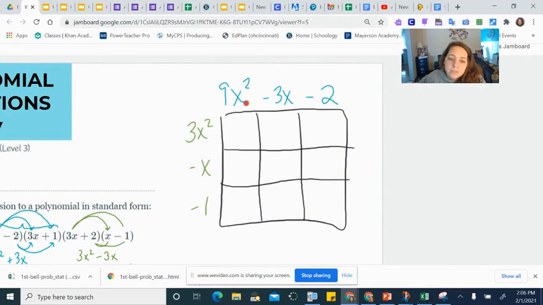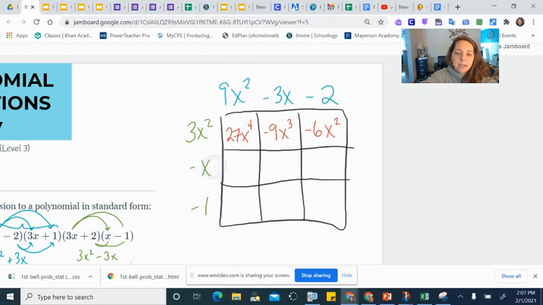So for this first box, I go these 2, right? So 9 times 3. X squared times x squared. -3x times 3x squared. -9x cubed. -2 times 3x squared. -6x squared.